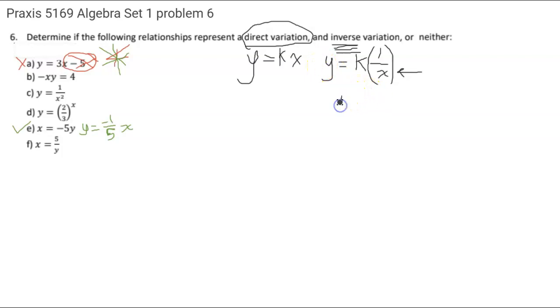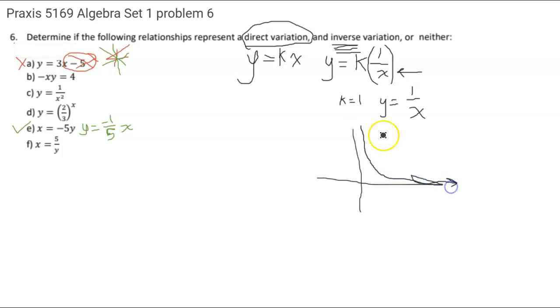If we just pick k equals 1, the basic inverse relationship looks like y equals 1 over x. So the basic inverse relationship is the graph of 1 over x. You've probably seen it. It doesn't touch; it's got the horizontal asymptote and the vertical asymptote.